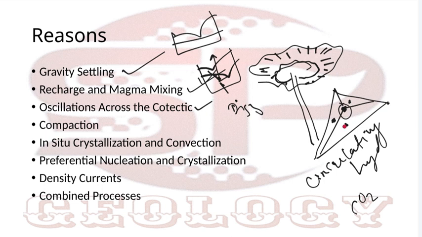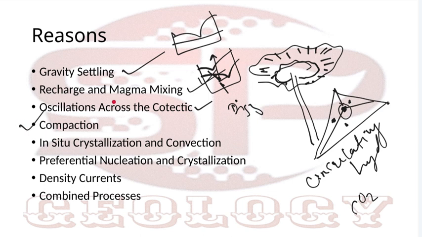So the cotectic shifts because of the oscillations. With H2O circulating, this circulating hydrothermal system is a very effective thing for these layerings and oscillations. That's why oscillatory zoning is also generated. In case of solid solution, oscillatory zoning is generated.